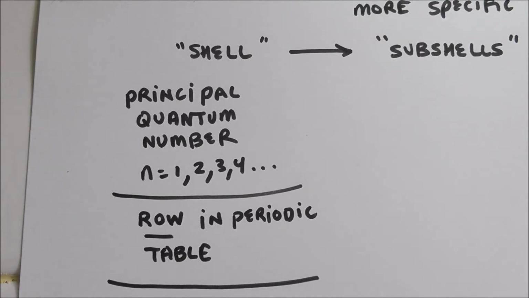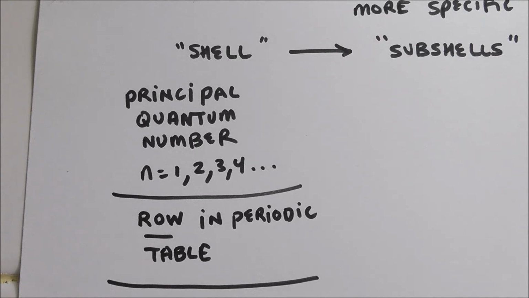You guys already know about shells, that's what we call them colloquially, but if you want to be fancy about these things, there's quantum numbers. Actually, we're not going to have any slang for the shells. They're called the principal quantum number, and you know they're n levels. One thing I don't think I mentioned yet is that this corresponds to what row in the periodic table an element's in.